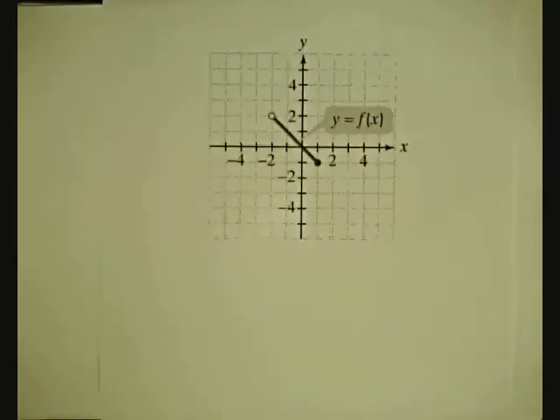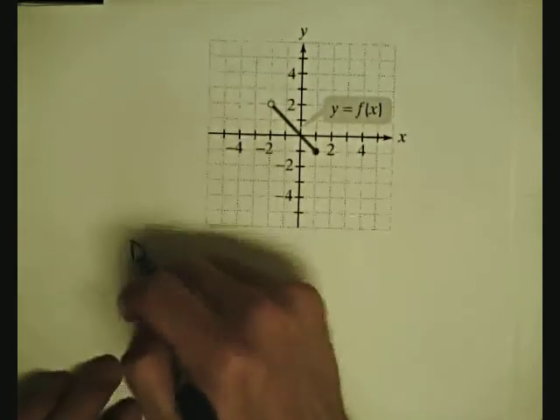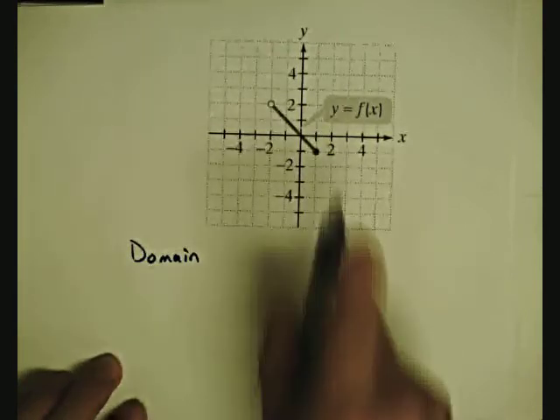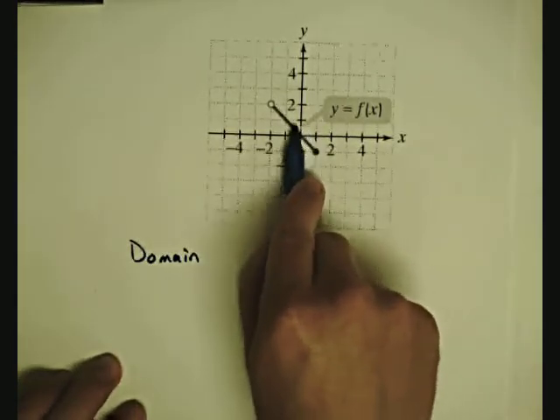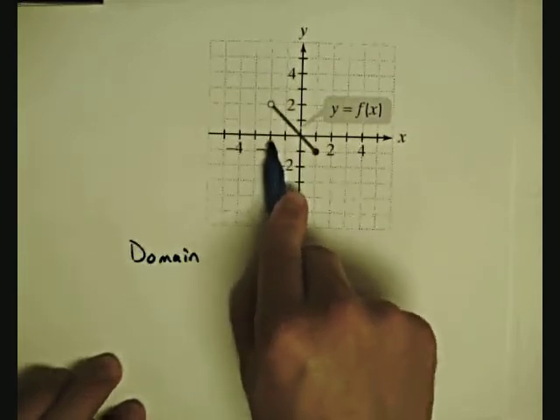Okay, example 6, we have a graph, and we're asked to find the domain and range of this graph. The domain is the x values, and again we want to see what's the furthest left that our graph goes, and that's right here at x equals -2.